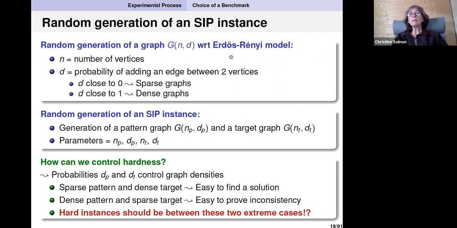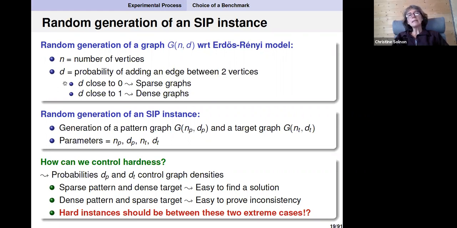So first, we consider a model used to generate graphs. For example, we can consider the Erdos-Renyi model, which is a very simple model, where we simply define the number of vertices, n, and we have a second parameter called d, which defines the probability of adding an edge between two vertices.